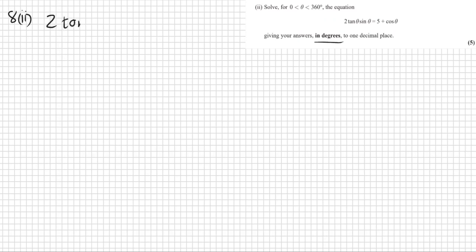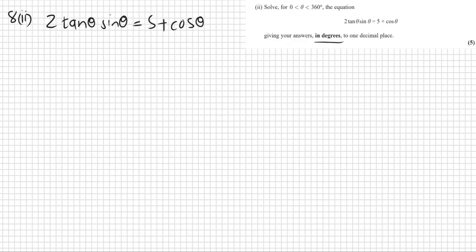2 tan theta sine theta equal to 5 plus cos theta. So first thing we want to do is try and make this in either sine, cos, or tan. We don't want it in all three. We want it in one of them.